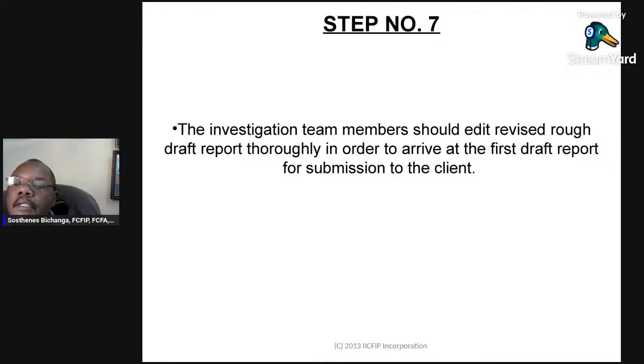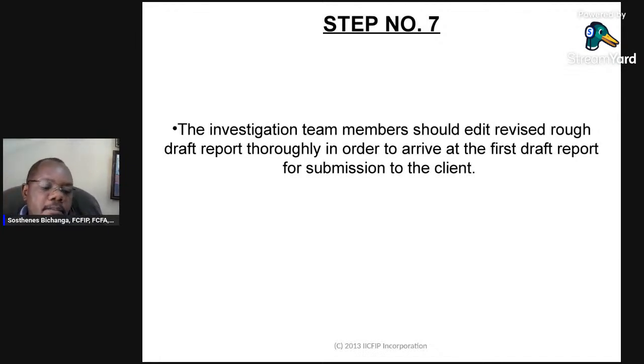Once the investigation team have responded to the concerns listed by the client, and everything is firmed up, everything is done, then there must be a second draft report to the client.